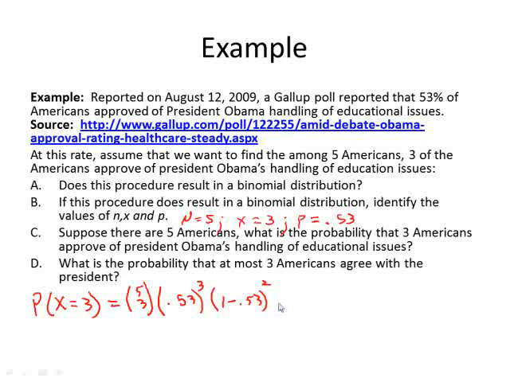So to enter this into your calculator, you go open bracket 5, nCr 3, close bracket, 0.53 to the third, 1 minus 0.53 squared.